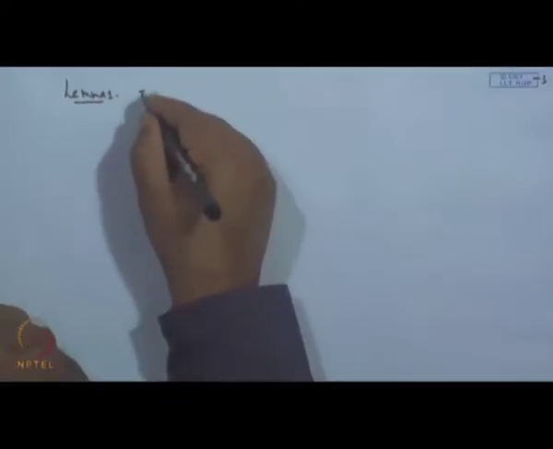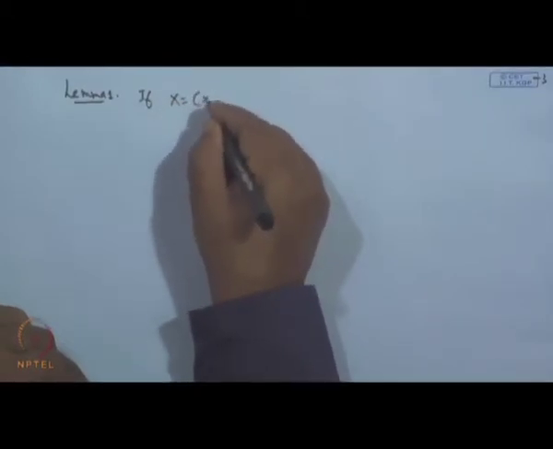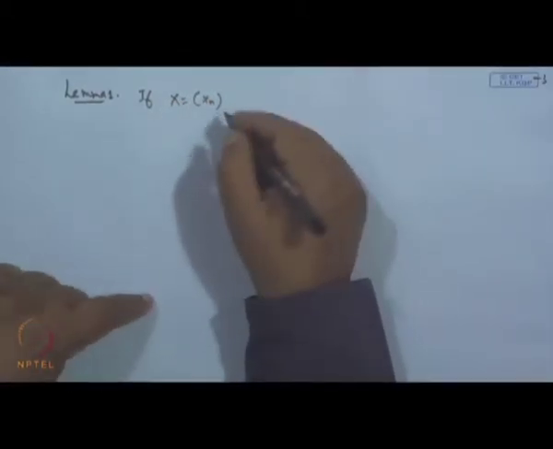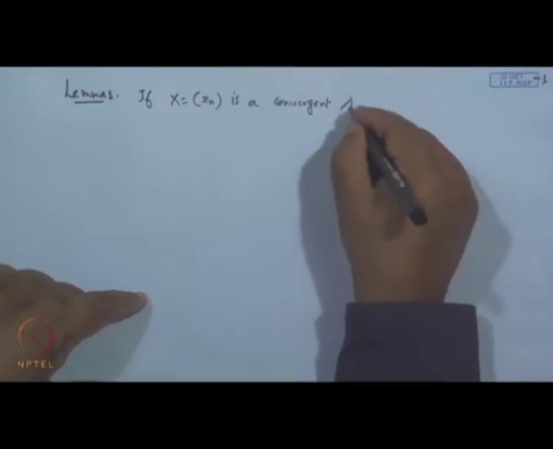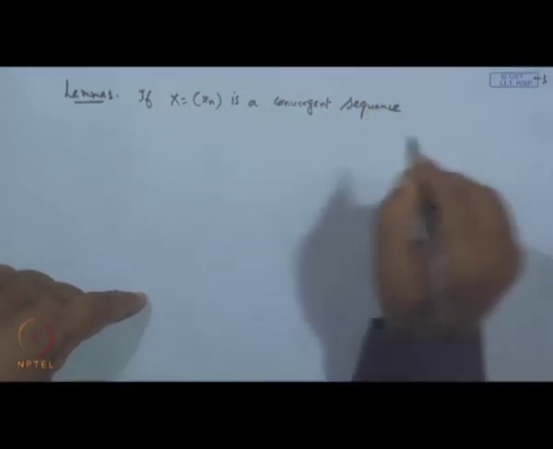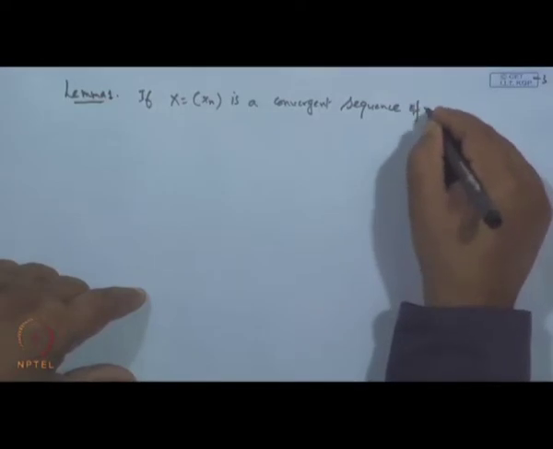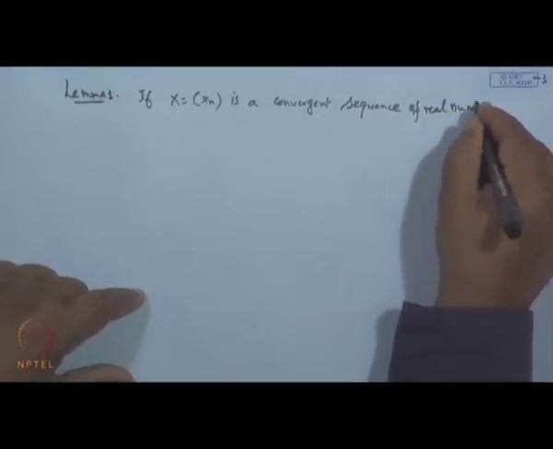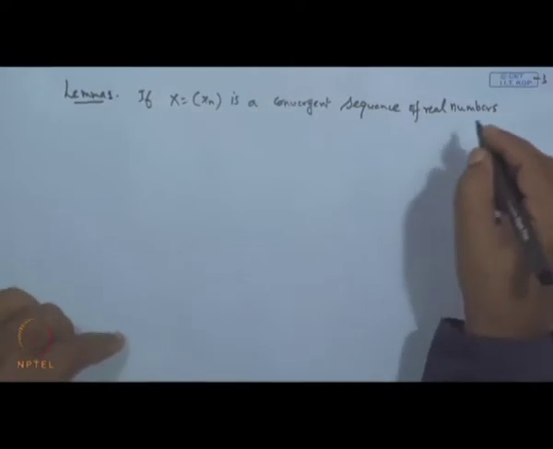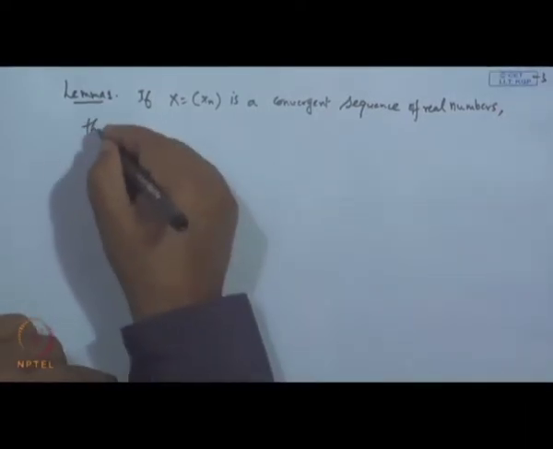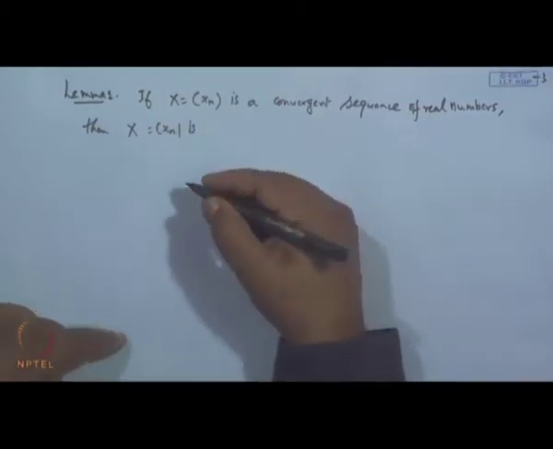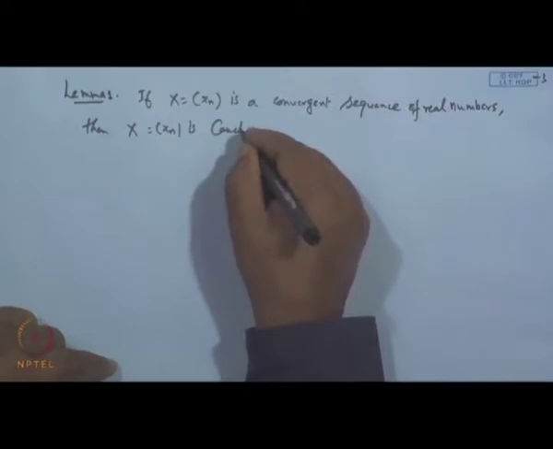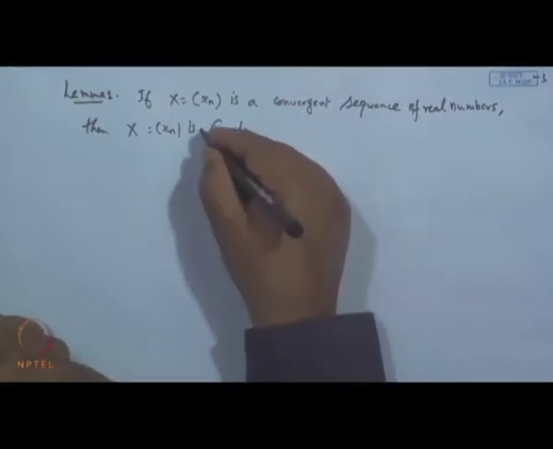If x, which is x n, is a convergent sequence of real numbers, then the sequence x is a Cauchy sequence.